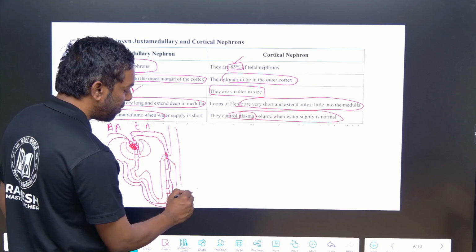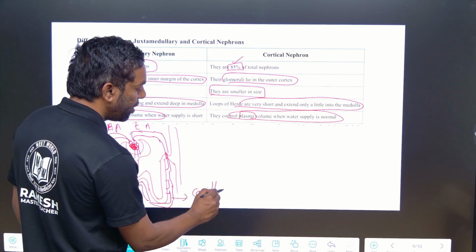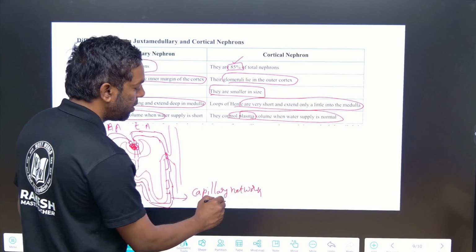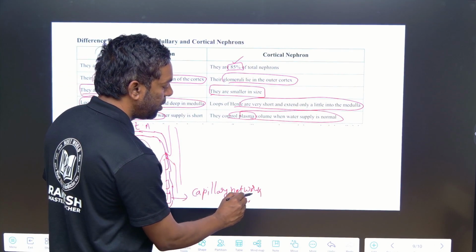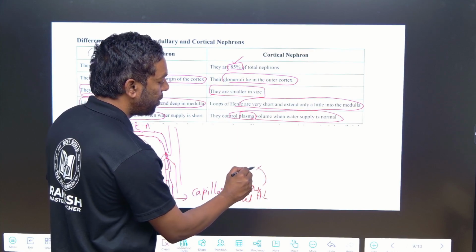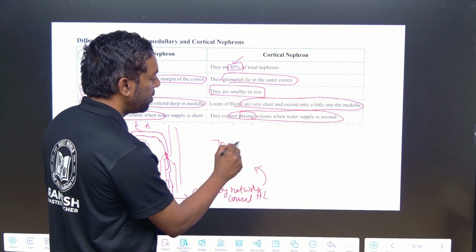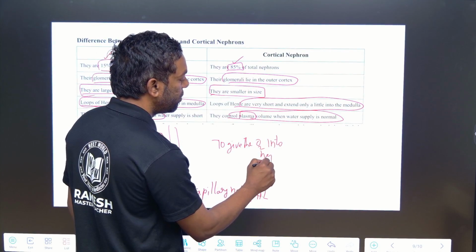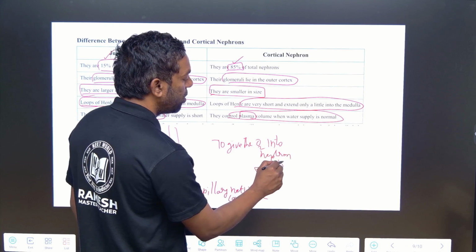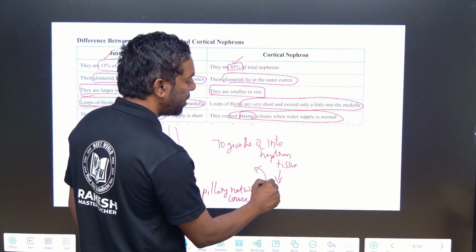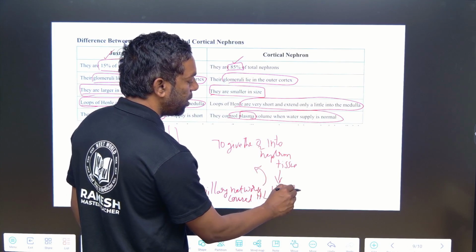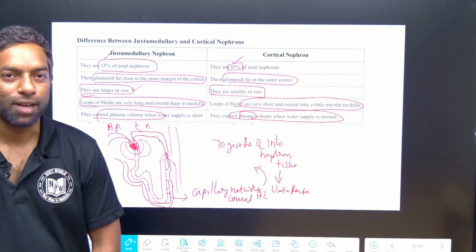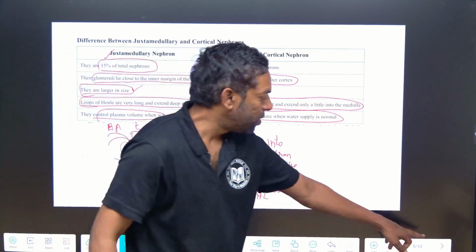This capillary network covering the Henle loop to give oxygen to the nephron tissue is called the vasa recta. This is all about the vasa recta, cortical nephron and medullary nephron.